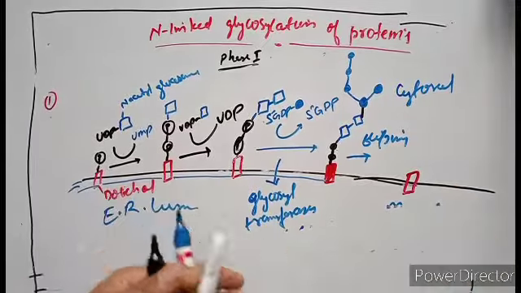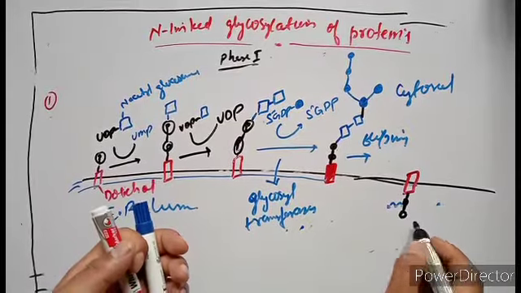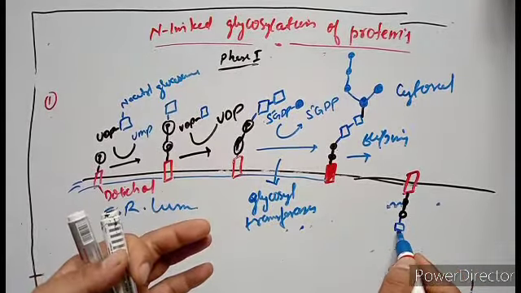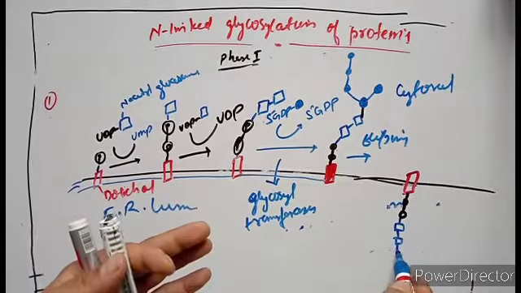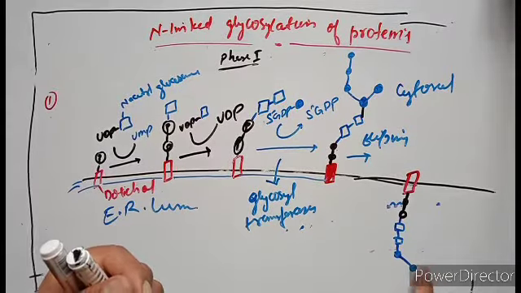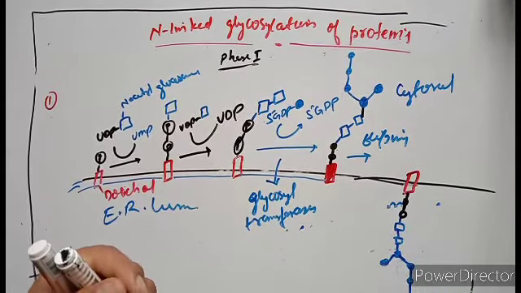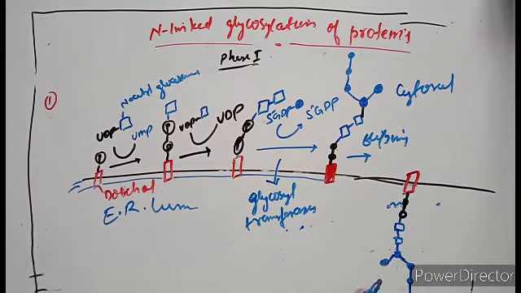Now this will flip, so you can see the whole dolicol along with the 2 N-acetyl glucosamine and 5 mannose residues flip inside the lumen of the endoplasmic reticulum.